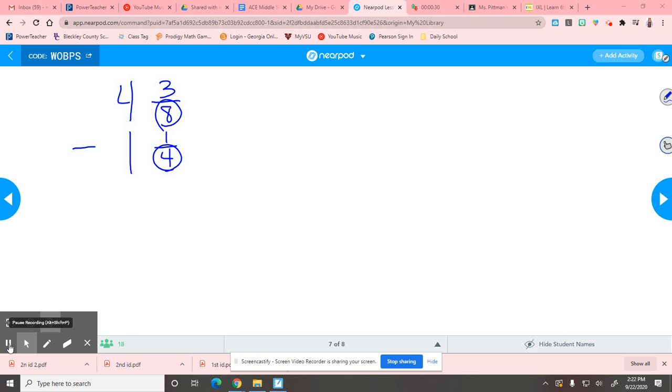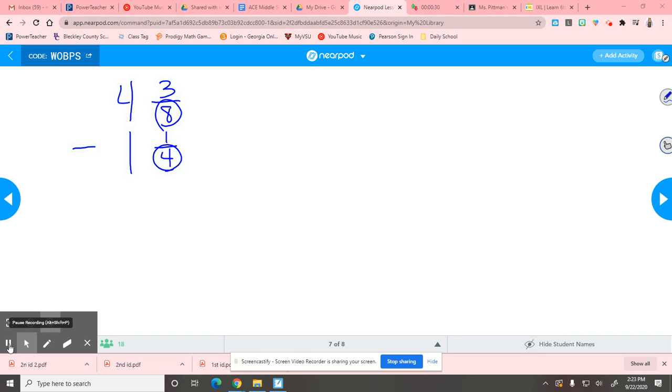Are our denominators the same? No. What's the first thing we have to do? Make the denominators the same. Yes, sir. All right. So we're going to make the denominators the same.